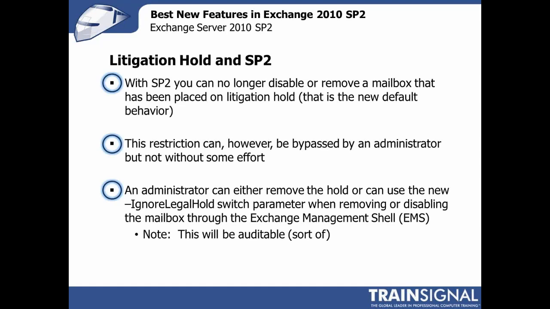But in some large environments, it's good to know who does what, and if someone was asked to do this without proper permissions, they bypass it and they remove the mailbox altogether. Whatever the case, if they did that, it should be audited, and you should be able to see the records of that.